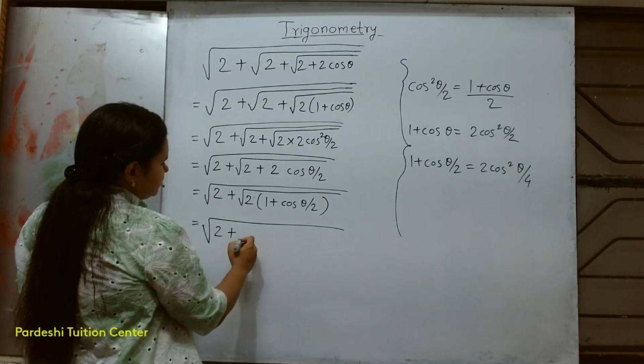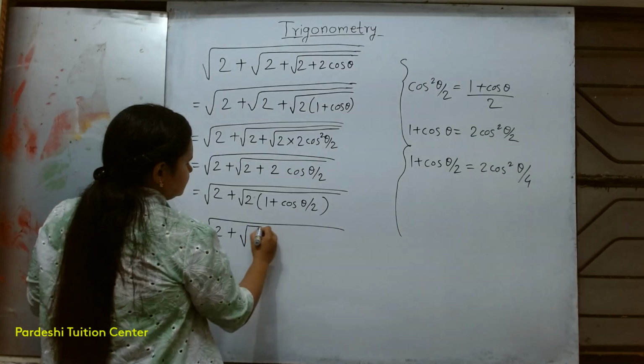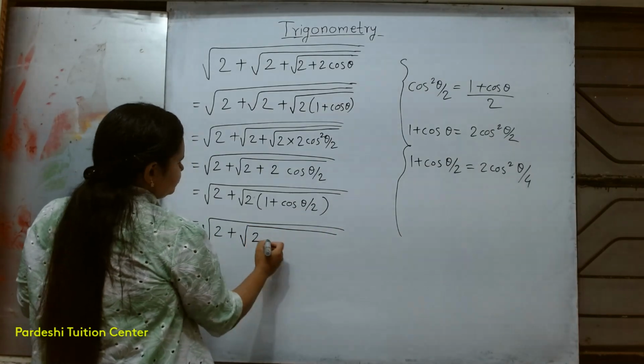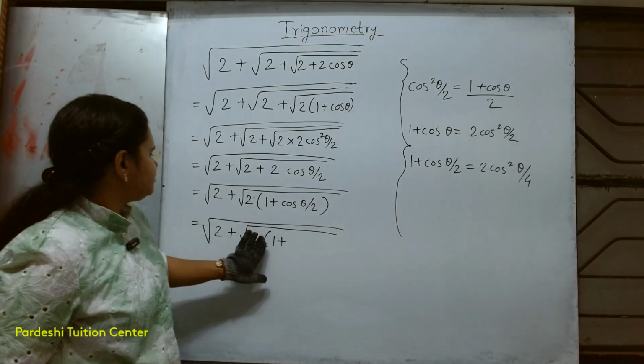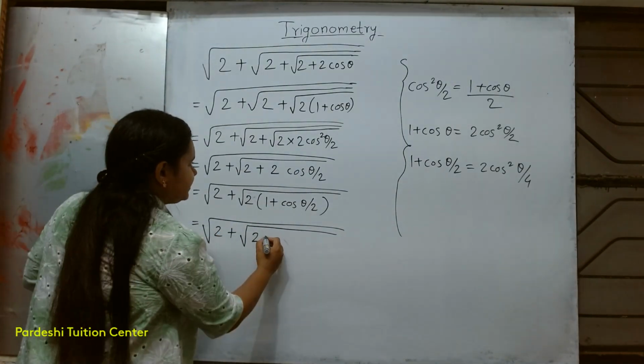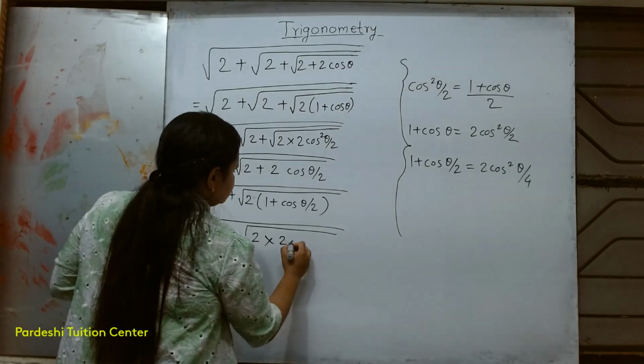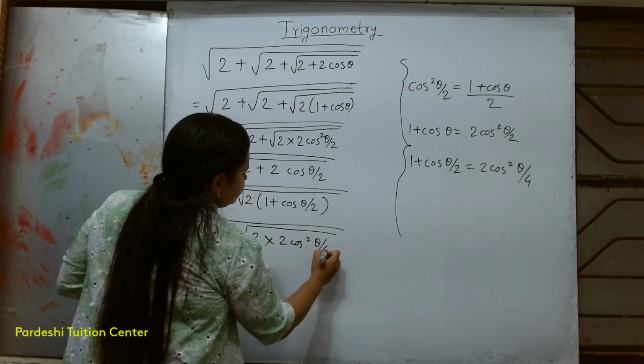So it will be 2 plus under root of 2 into 1 plus cos theta by 2, which we have calculated as 2 cos square theta by 4.